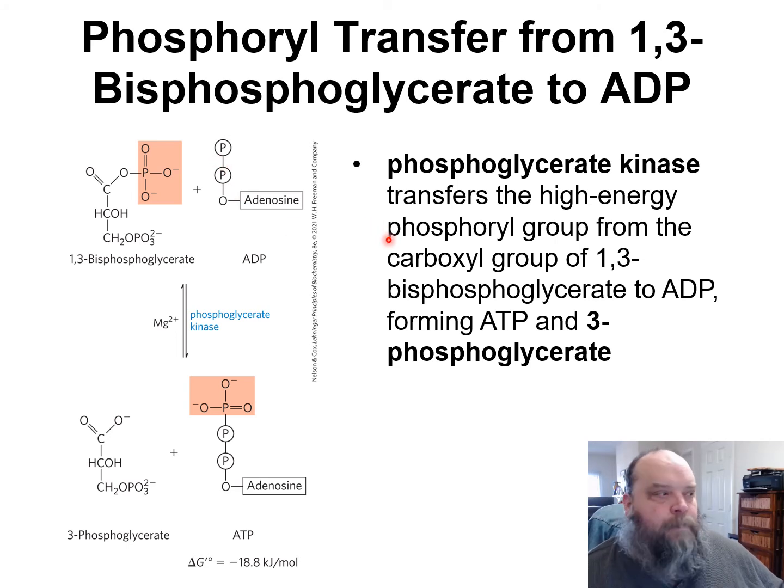Energy. By putting it into this system here, this carbon with the carbonyl, remember that had a really nice low negative delta G, kilojoules per mole. Just by taking that inorganic phosphate and adding it to ADP, yes, there'll be some energy there, but nowhere near as much.